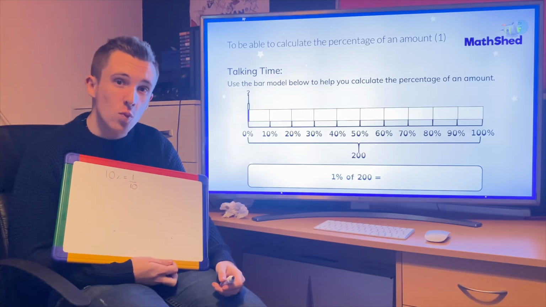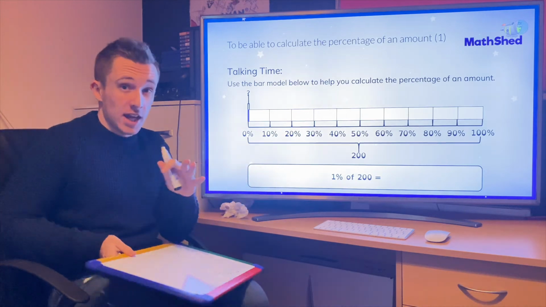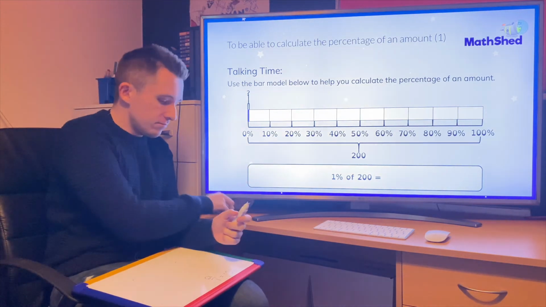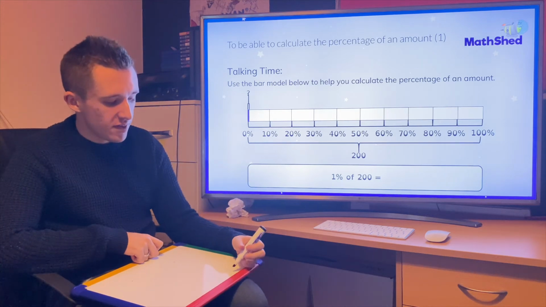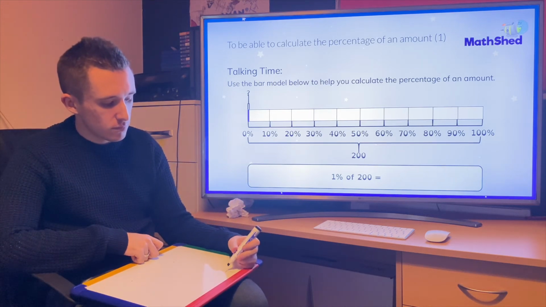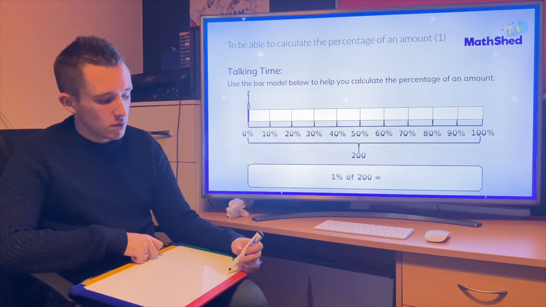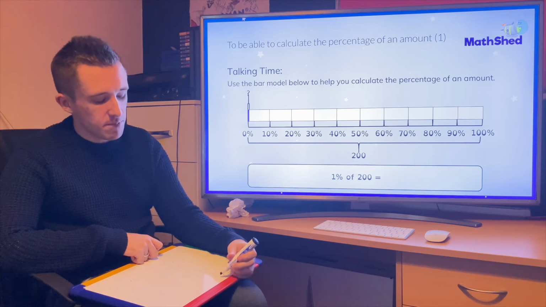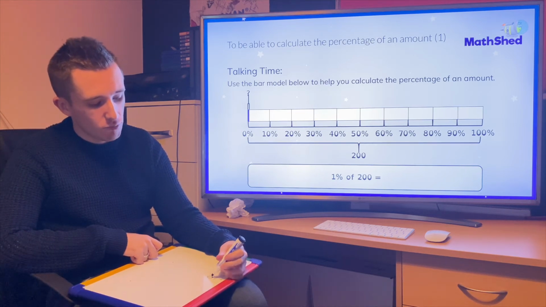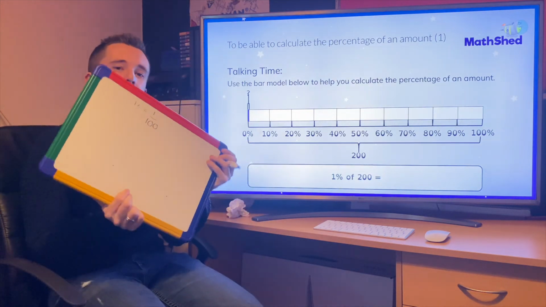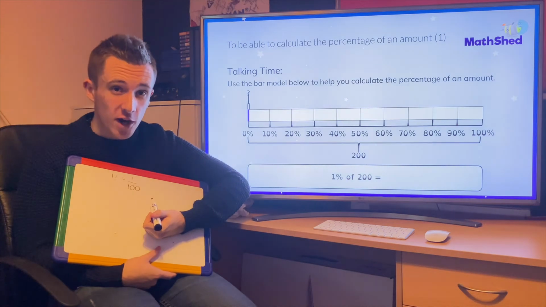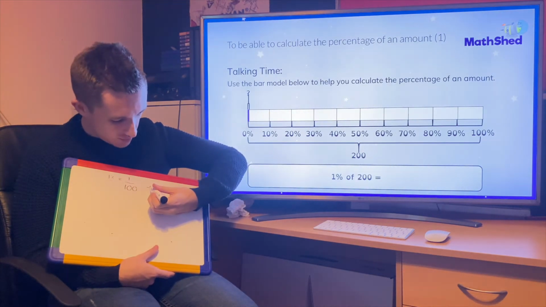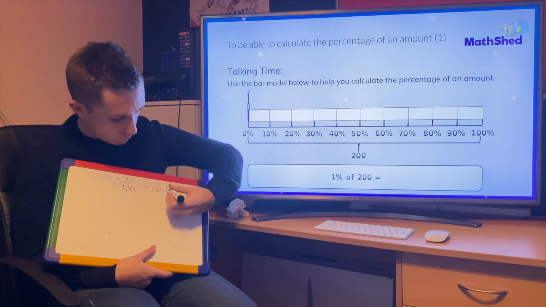And now we're moving into 1%. Again, no trickier. We just need to remember that 1% is the same as 1 over 100. We know we divide by the denominator, so we're going to divide by 100.